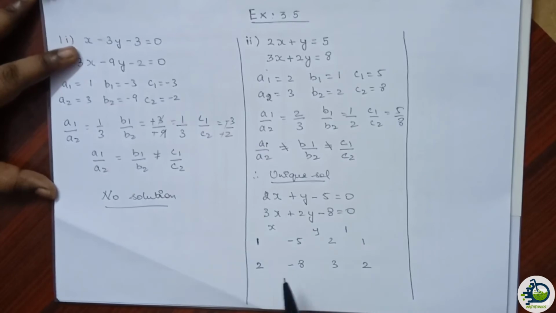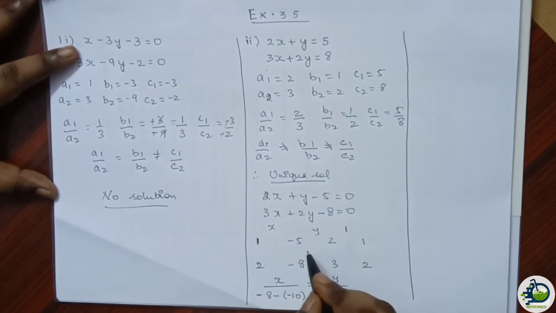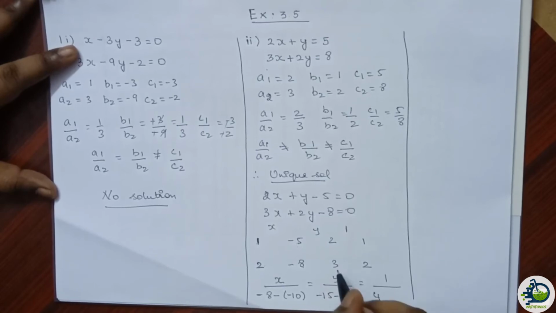Now what we have to do is x divided by, we multiply these two first. Minus 8 into 1 is minus 8, minus, and then these two terms, 2 into minus 5 is minus 10, which is equal to y by 3 into minus 5 is minus 15, minus 8 into 2 is minus 16, which is equal to 1 divided by 2 into 2 is 4, 3 into 1 is 3, so minus 3.